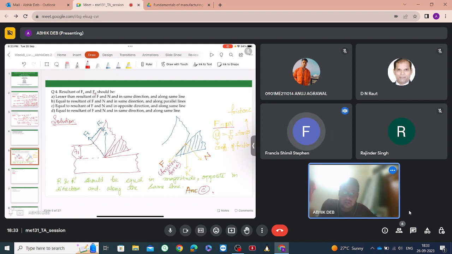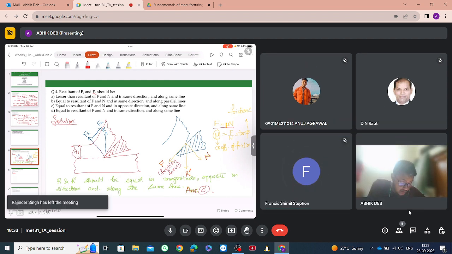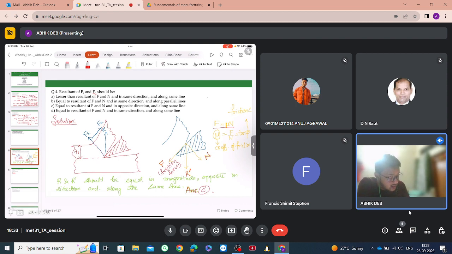And the resultant of these two forces, R and R dash, whatever be their directions. See, this is a very arbitrary diagram.